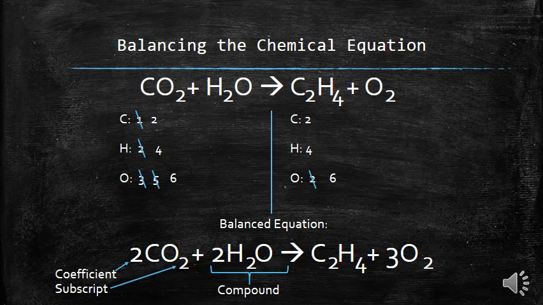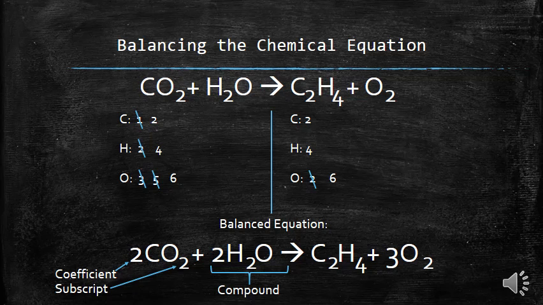So we multiply that last element on the product side. We have to multiply O2 to the coefficient of 3, because a coefficient of 3 times the subscript of 2 is 6, and that matches up with the number on the reactant side.